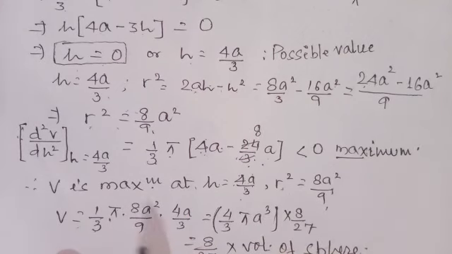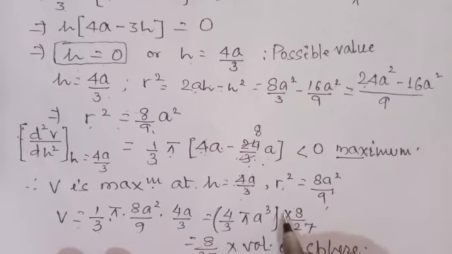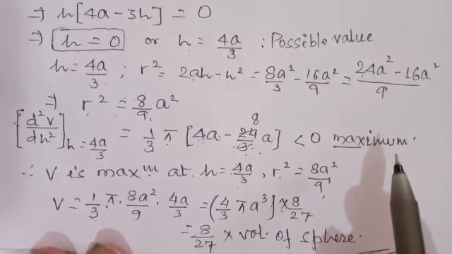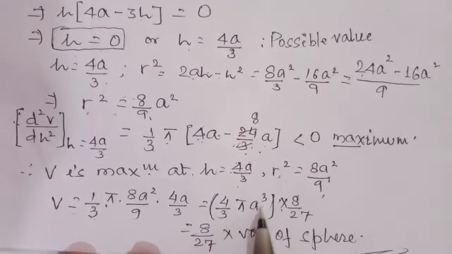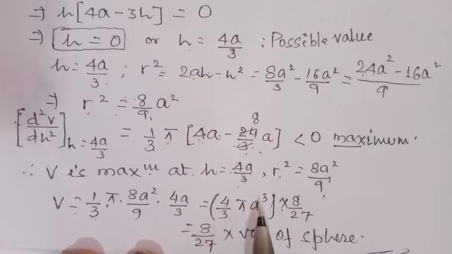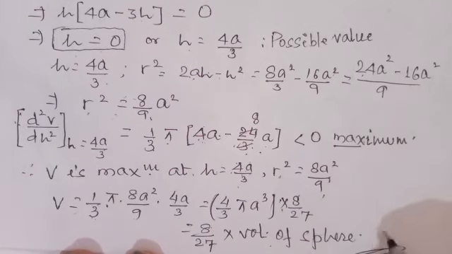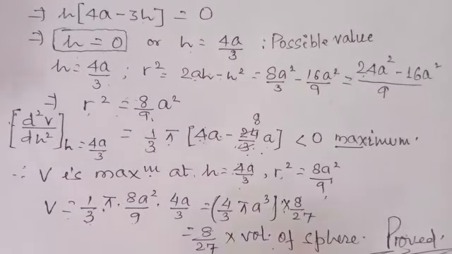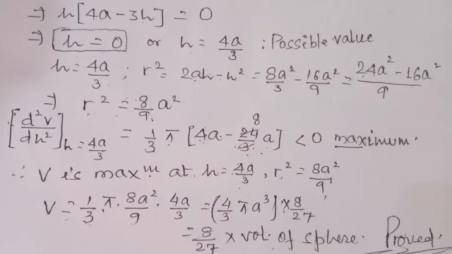How much is left? 8 and 3 into 9, that is 27. So 8 by 27. Since our sphere has radius a, 4 by 3 pi a cube is the volume of the sphere. So we may write it as 8 by 27 into the volume of the sphere. This is what was to be proved. So in this way we proved problems from mensuration of maxima and minima.